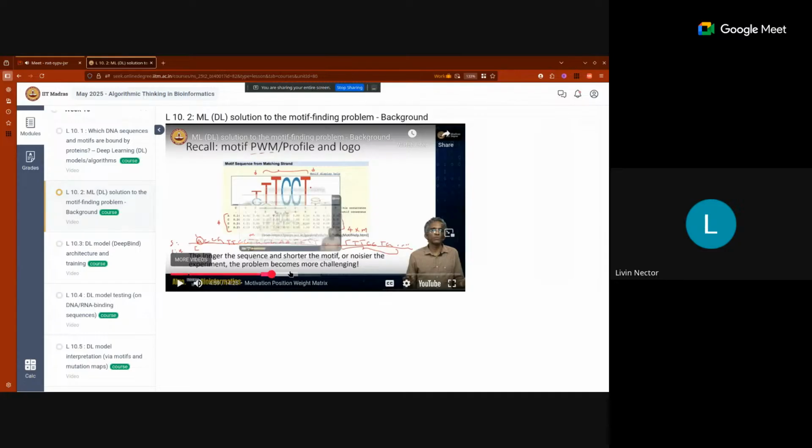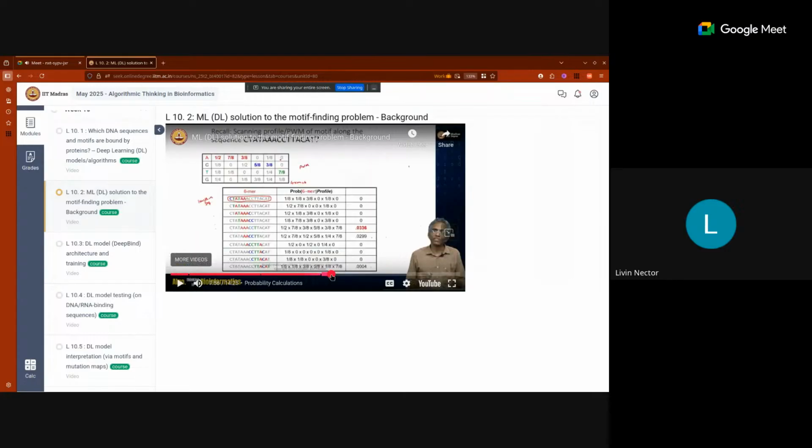Since this matrix looks like a kernel, can we try to find multiple kernels instead of just finding one kind of motif? Can we find multiple kernels by using a deep learning model with convolutions?